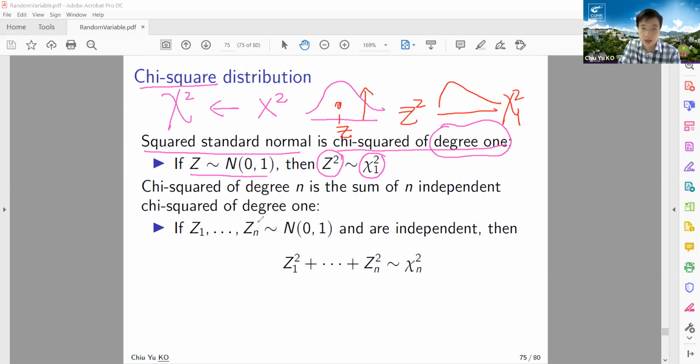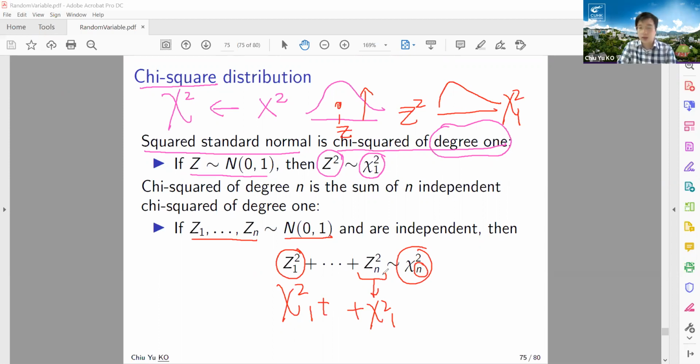It turns out that if there are n independent standard normals, and each Z squared is chi-square 1, and you add n chi-square 1s together, then it will be chi-square n. That is the idea. For chi-square n there's a function, but we're not going into detail to give you the expression.